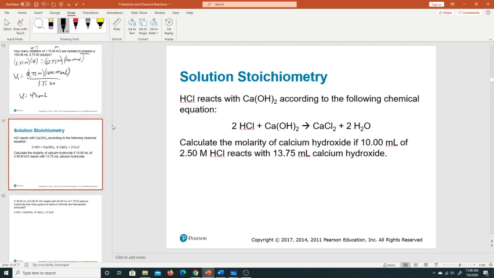So, what's our A, what's our B? Our A has all the numbers, our B has the question mark. So calculate the molarity of calcium hydroxide, that's going to be our B. We don't know the molarity. I always start with the volume of the acid, the volume of what we know.